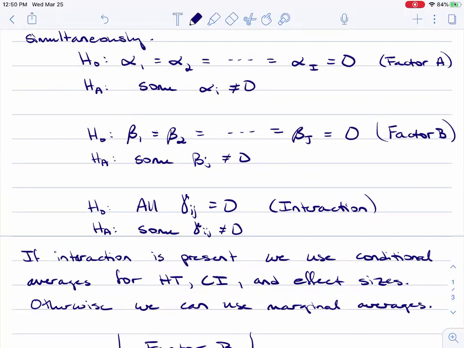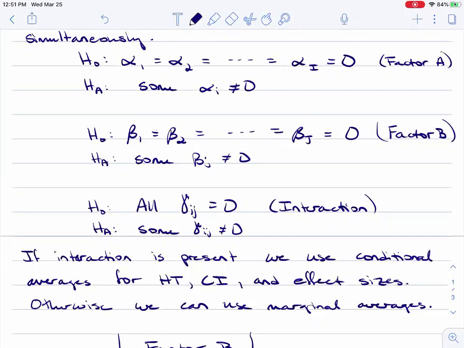Then if you see that the P value is less than alpha, or let's say the default 0.05, it's significant. Then we build confidence intervals and effect sizes for both factors and interaction.